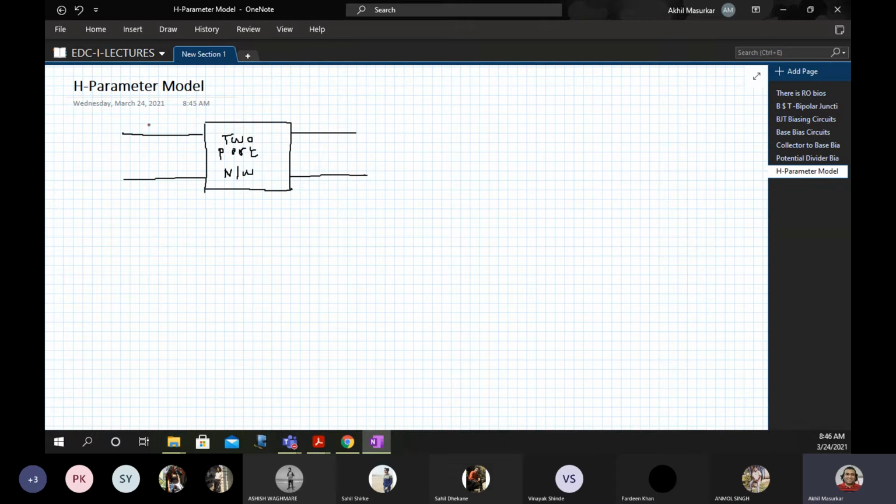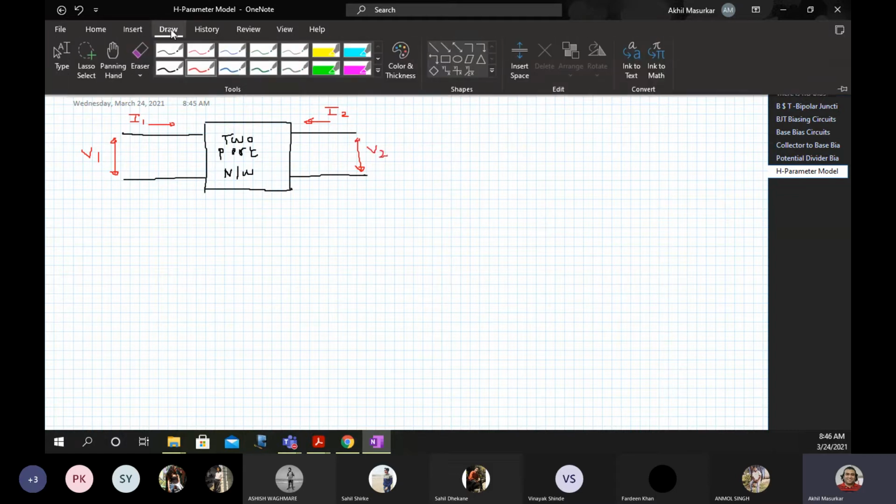So I can show it this way. Input current I'll say I1, output current I2, and here we will have V1 and here we will have V2.